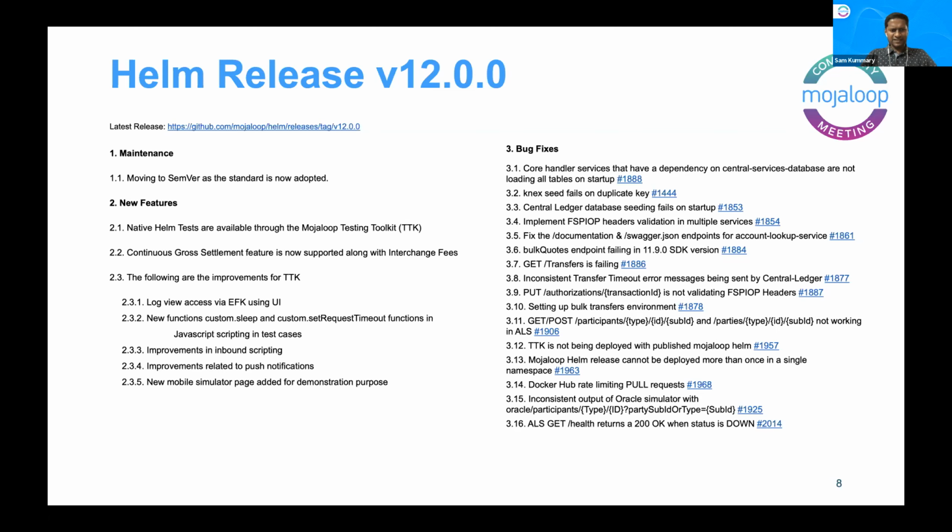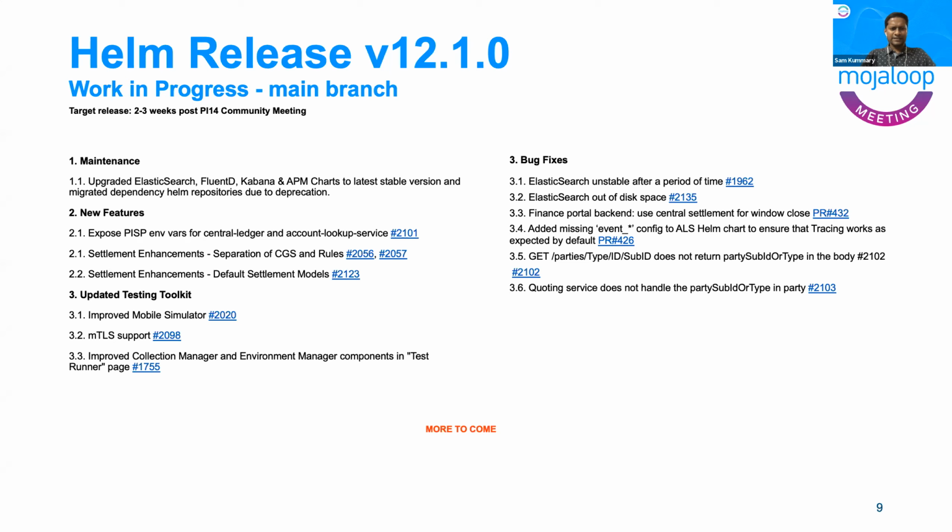Even after the most recent Helm release, we always have what we call development releases that are available. Any merge into master will include a development release if someone is in urgency to take those. And we are looking at version 12.1.0 release, which will happen in the coming PI in a few weeks.